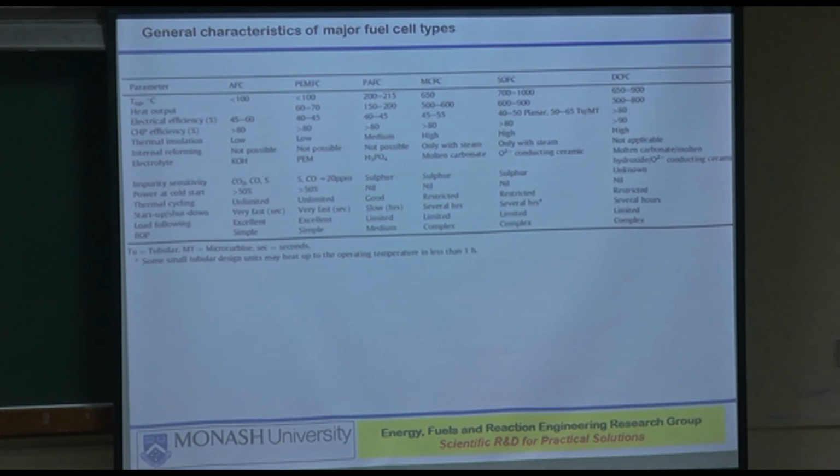Yeah, it's a good idea, very good idea, because then you are moving away from the thermodynamic limits for the gas turbine and then getting extra from the solid oxide, from the electrochemical conversion. Close to 60%, surely.